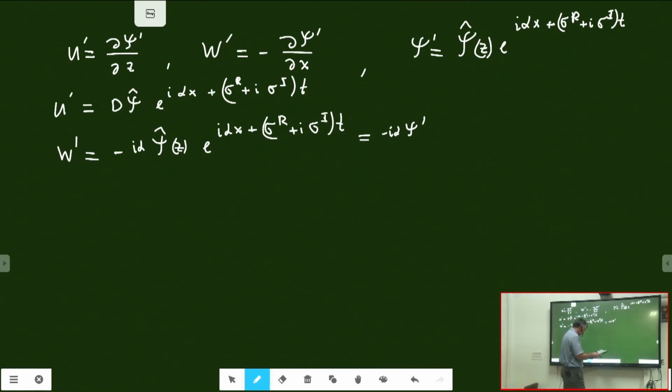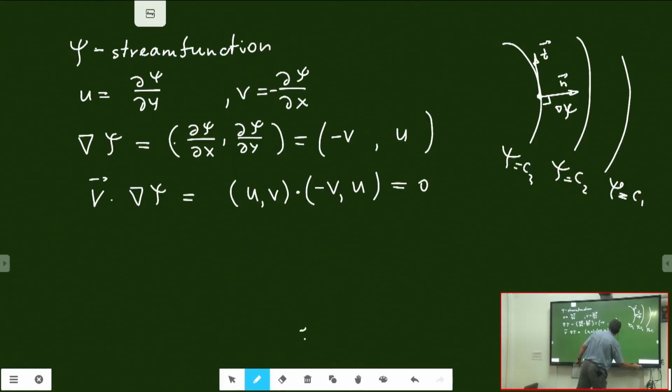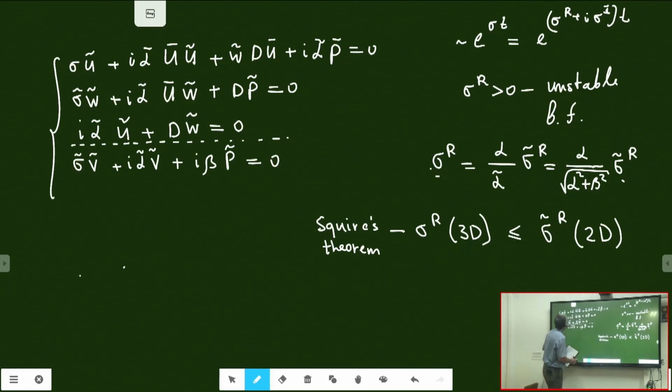Okay. So, what can we do with all this? Now, what we will do, we will ignore this equation completely. We will deal with this system of equations, except we will not write tildes anymore. So we will just work with these equations without any tildes.